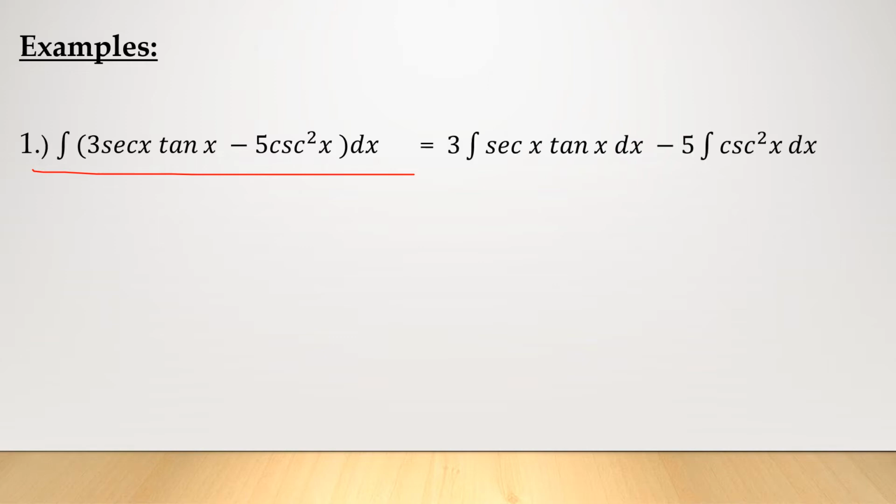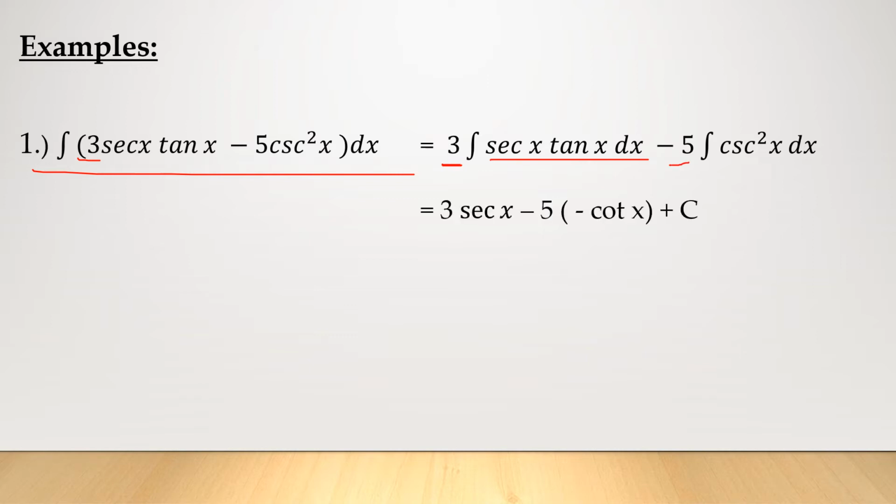To do that, we are going to apply the theorems that were discussed in our other video. 3 is a constant, so we are going to put 3 outside the integral sign. Okay, it's outside. What remains is secant x tangent x dx minus, of course, the 5 also, we will take it out. So here is our 5.